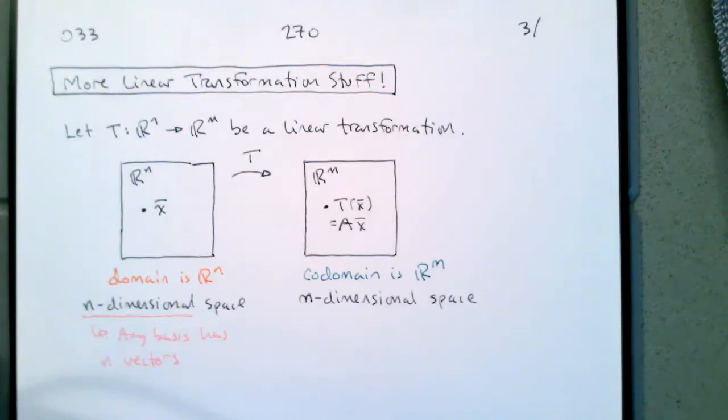We want to separate out the codomain of the transformation and the range of the transformation. The range of the transformation is the set of the images of all the vectors in Rn.